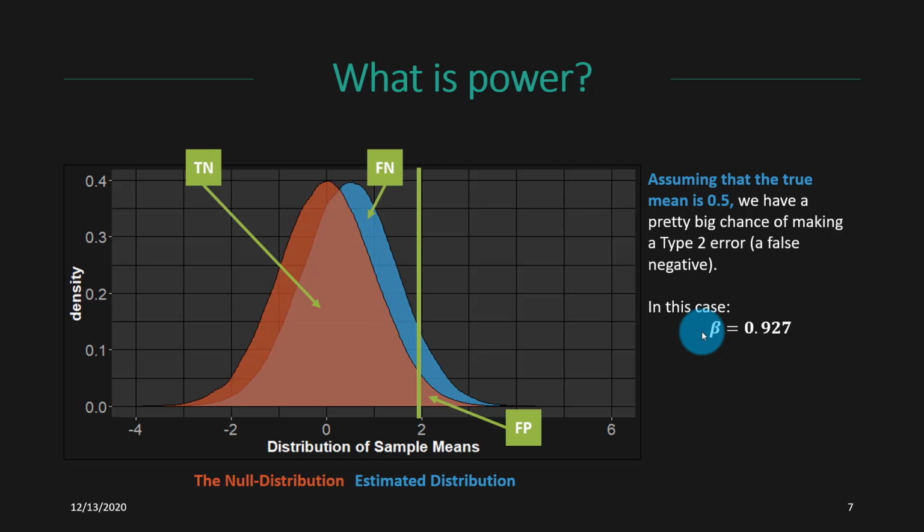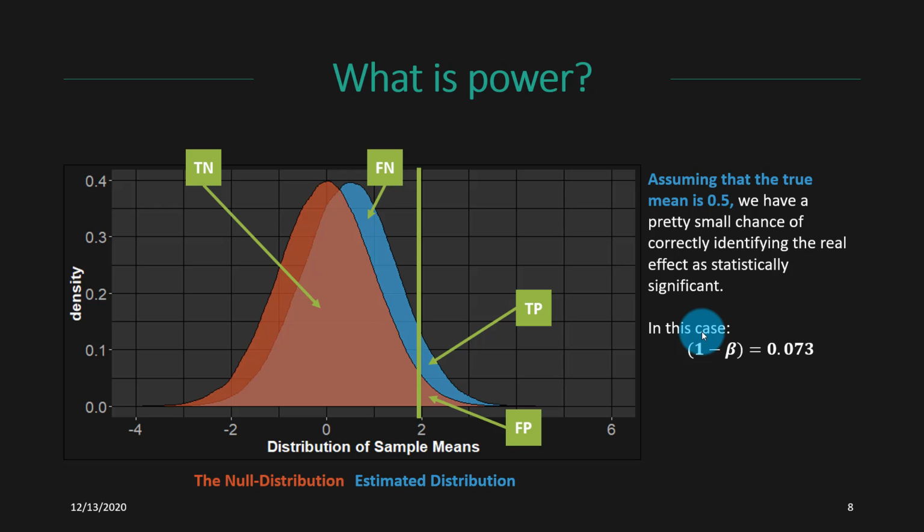So that means we are pretty underpowered in this study, because if we take the reverse probability and do 1 minus the beta, that means we only have a 7% chance of getting a true positive if these are the two distributions that we have. So this is pretty bad from a statistical power standpoint, because it means we're kind of setting ourselves up to potentially make a bad decision. If we really think that the effect is 0.5, we need to design our study in a different way to give ourselves more statistical power.